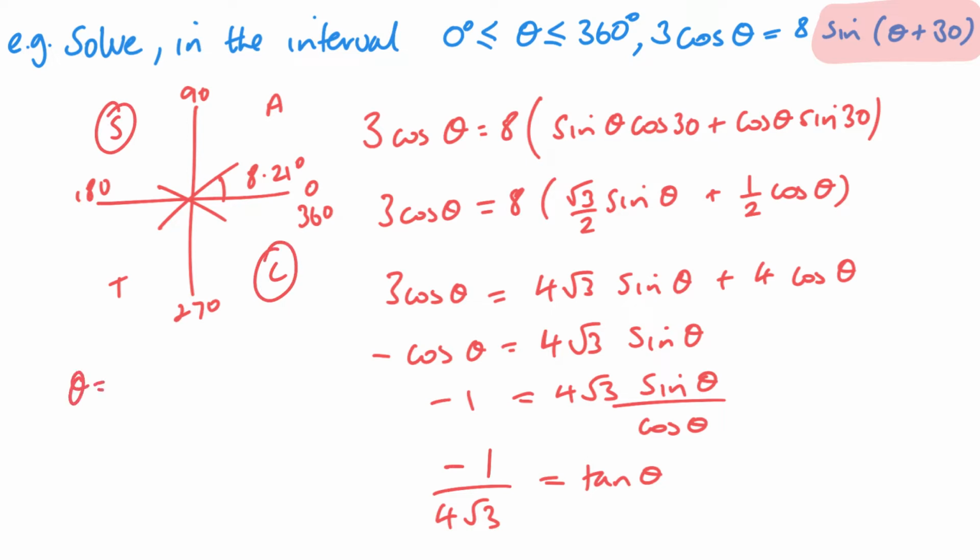So values of theta are 180 minus 8.21 and 360 minus 8.21. So those are my two possible solutions. So we have 171.8 degrees and 351.8 degrees. And if you want to be sure, just substitute one or both of your thetas into your original equation.